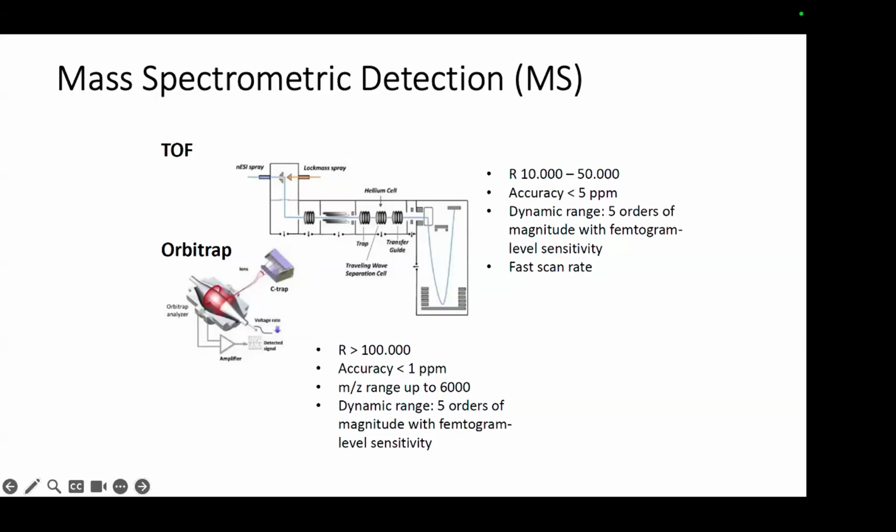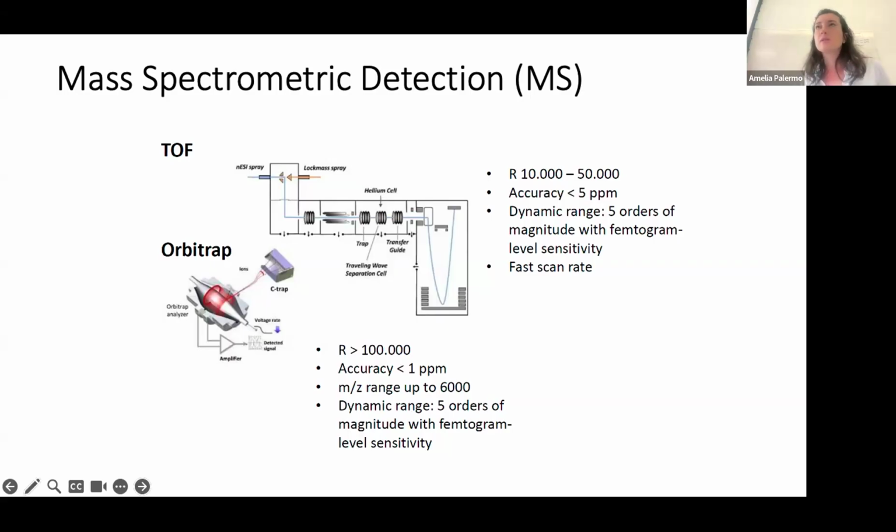Anticipating on that, R is resolution, right? Accuracy. Those are two different concepts. Accuracy is a measure of how close your measurement is to the actual value, and in this setting, how close your measured m/z is to the actual m/z of the molecule. And of course, the closer that is to the actual value, the closer you are and more specific you are in the annotation, right?